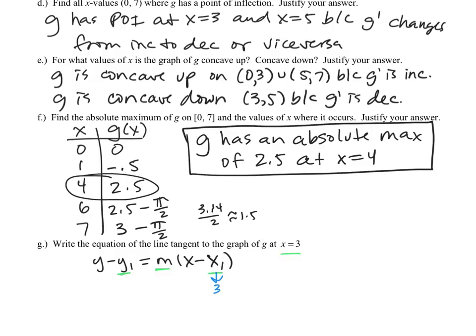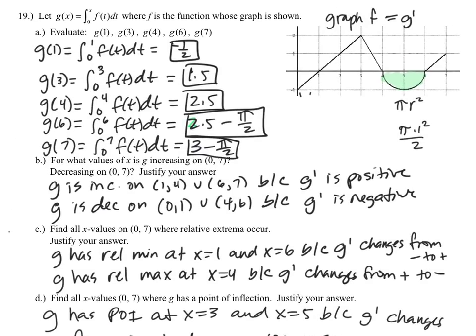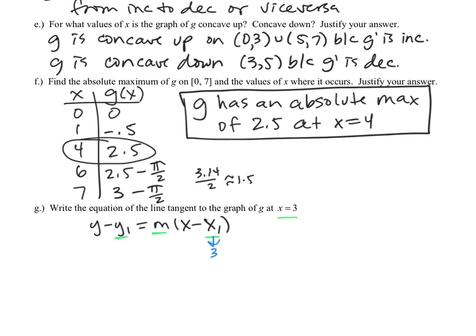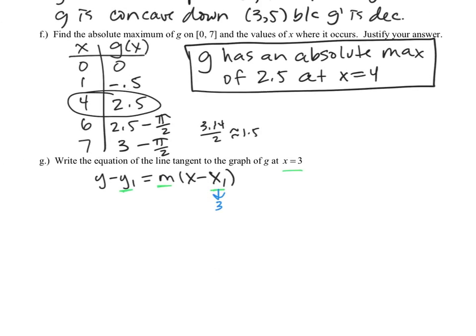Now, did we do that earlier? Let's look up here. g of 3, remember, was 1.5. So we have our g of 3. That's our y1, and it was 1.5. Okay, and then the last thing we need is m. We need the slope of the line tangent to the graph of g at x equals 3.